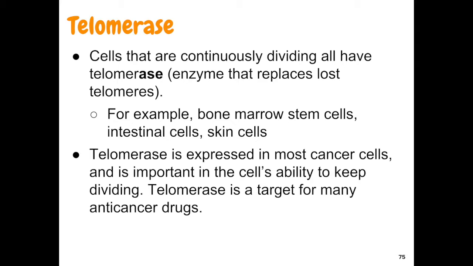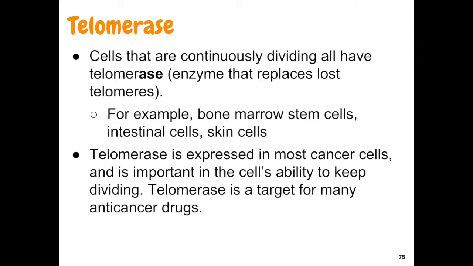And what we see in cancer cells is telomerase is overexpressed. And cancer cells have this strange ability, if they're in a petri dish, of being able to replicate endlessly. As long as you give them nutrients, those cells endlessly replicate.